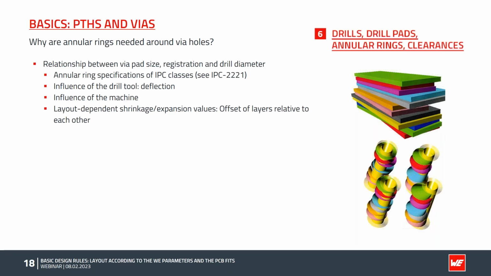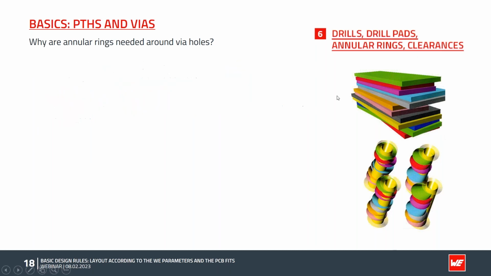You can see on the right side, sorry, one step back. On the right side here, you can see a lot of layers laid one on the other. So this stands for different materials, different copper layers, and there is a registration normally by pins within the materials, but due to shrinkage, misregistration and tolerances in the drilling process, we finally get displacements on the different layers.